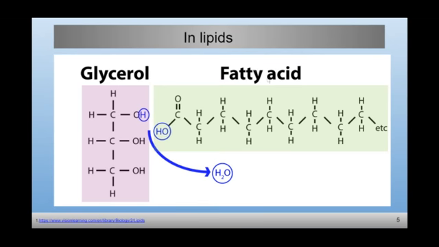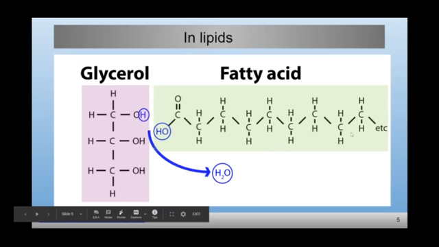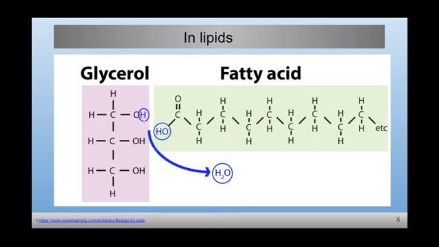In lipids now, as we said, we have the glycerol backbone, that is the structure, and a fatty acid. All right. And we have the hydroxyl group right here and the hydroxyl group on the fatty acid. So the hydroxyl group from the fatty acid is actually the one that's fully removed, and we remove a hydrogen from the glycerol group or backbone.